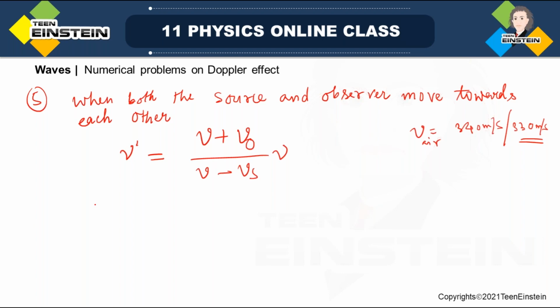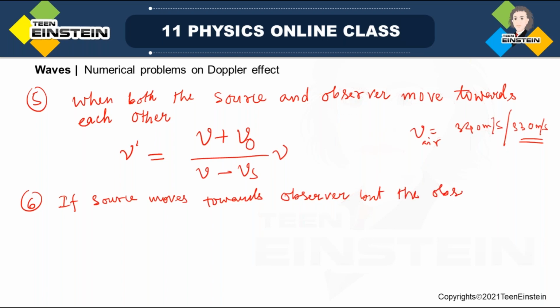Okay, so in this case, how would this change if the source moves towards the observer but the observer moves away from the source?